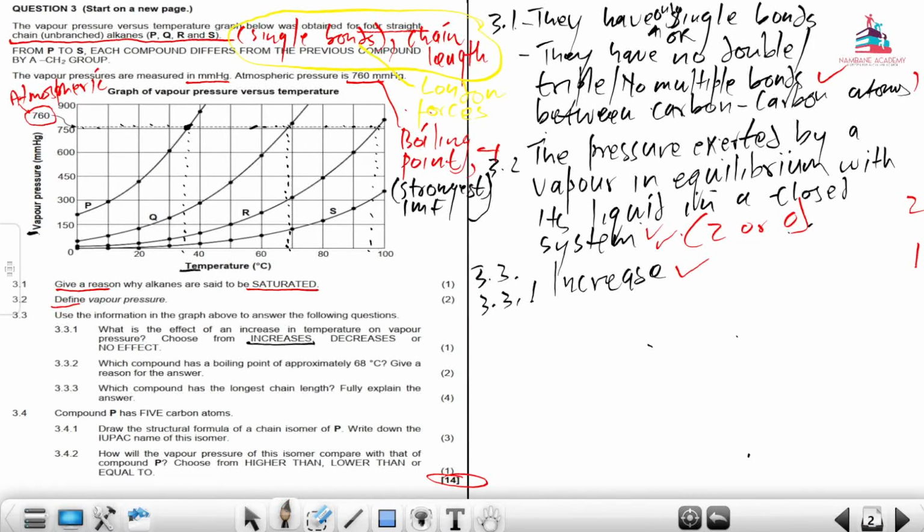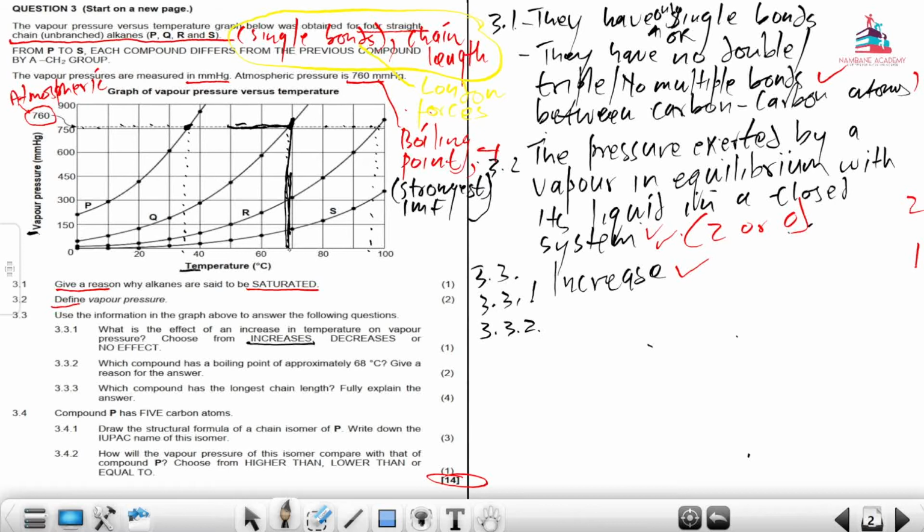Then we further move on to 3.3.2. Which compound has a boiling point of approximately 68 degrees Celsius? Give a reason for your answer. I did explain that when we look at our graph here, we must look between 760 as well as the corresponding temperature.